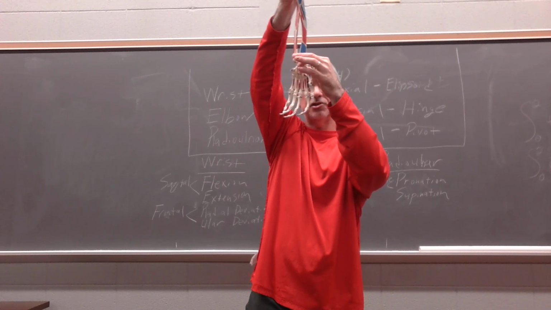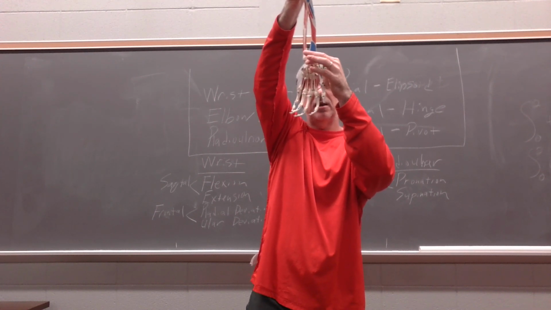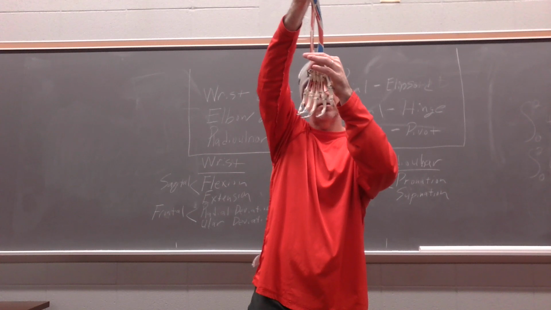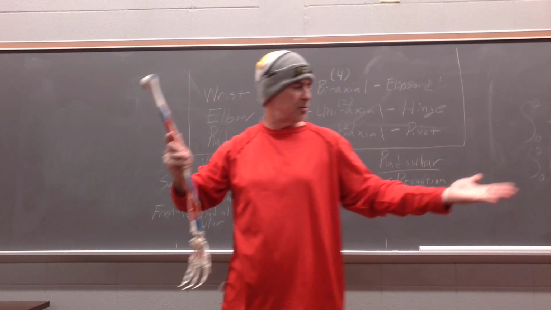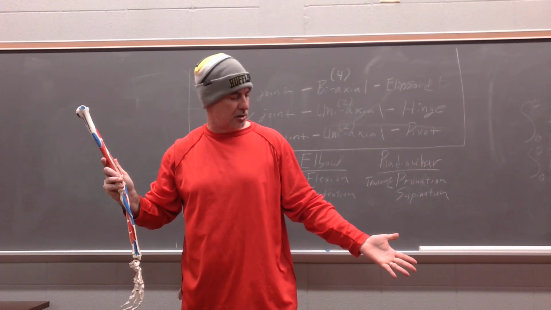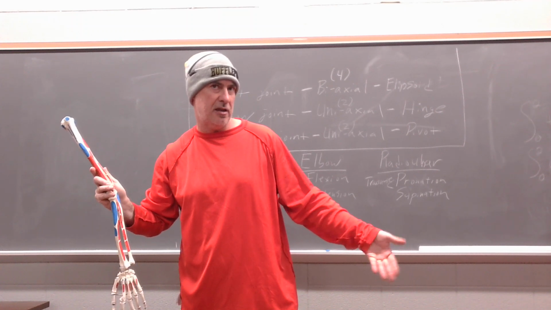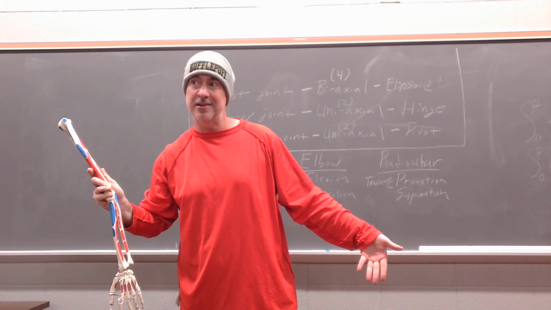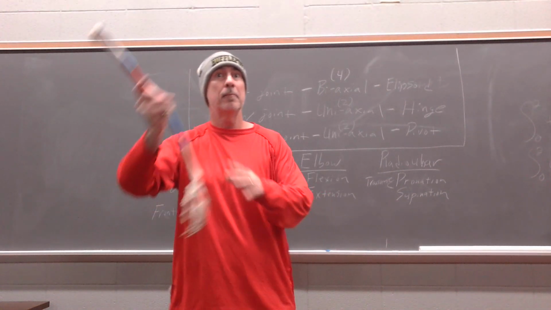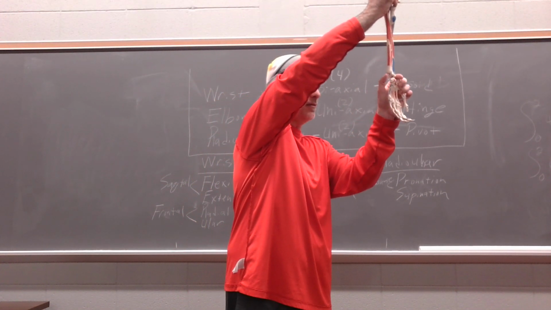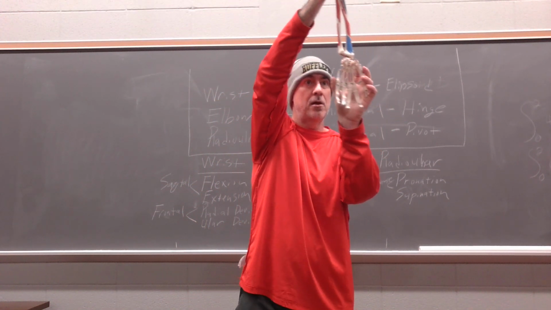The real articulation is happening here, not here and here. One of the ways we know that is if we're in anatomical position, look how much movement you have when you deviate your hand medially or to your ulna. That's a lot of deviation, right? Because you have all this extra space in here.